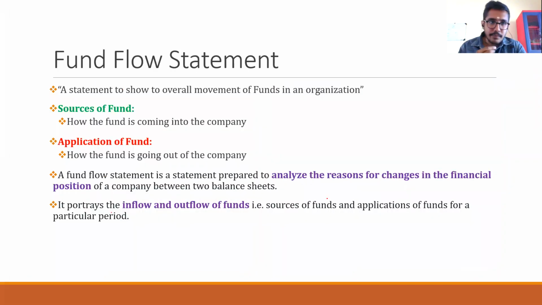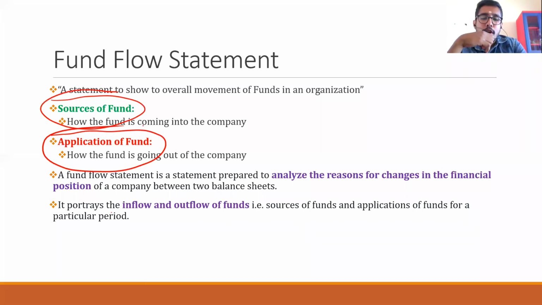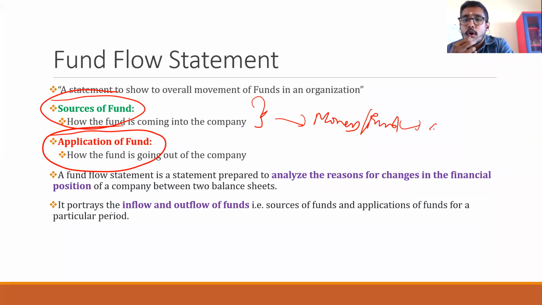Now let me tell you. In a fund flow statement, basically we are trying to find out the sources of fund and application of fund. Source of fund means from where the money or fund came to our organization.